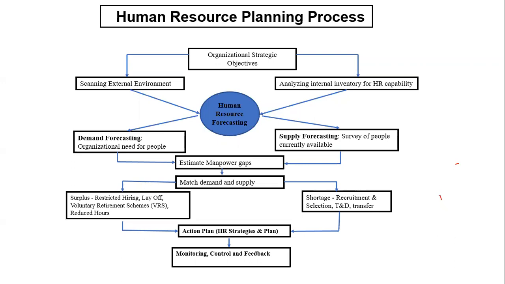Another action plan is reducing the number of hours that people are expected to work. I think currently a lot of companies are practicing it as an avenue of managing working hours of their human resources since COVID started.